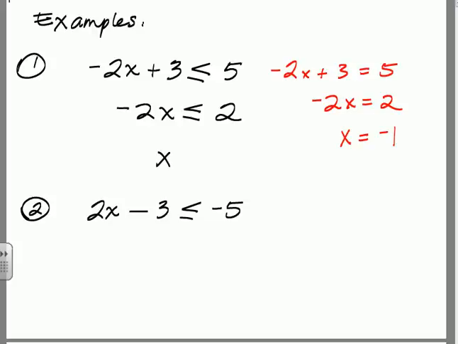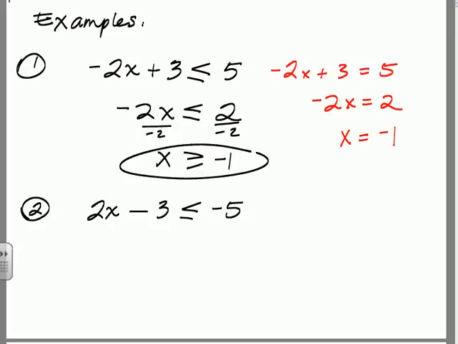When I hear myself saying I'm dividing both sides by a negative, I go, okay, that's going to switch the direction of the inequality. So on the left, negative 2 divided by negative 2 gives us our 1x. On this side, negative 2 divided by negative 2 is negative 1, and there's our answer.